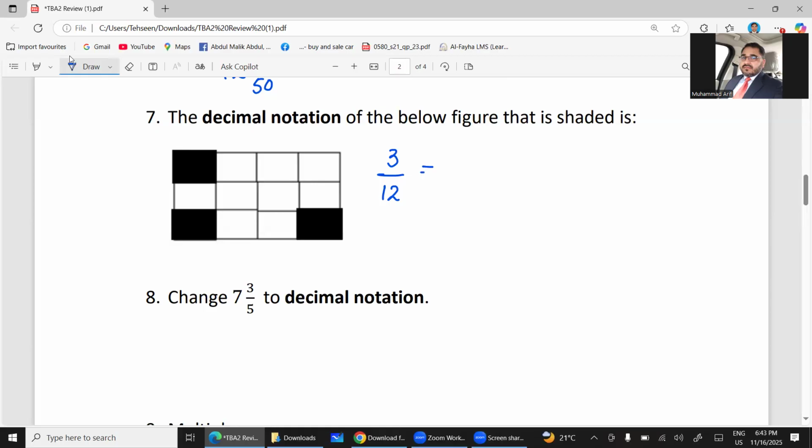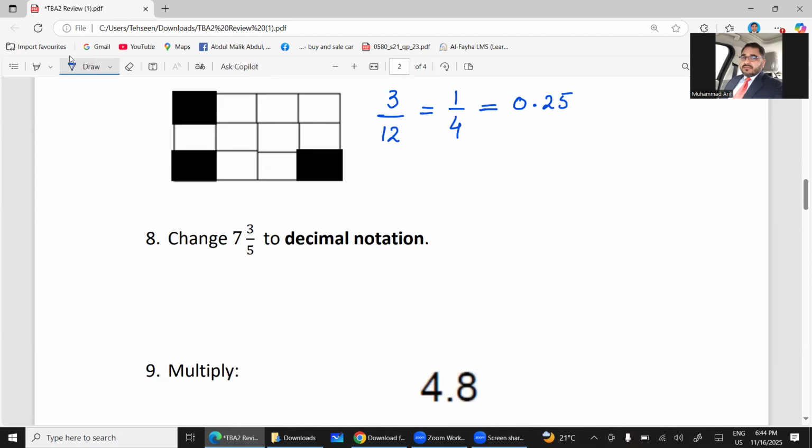If we simplify, we can divide each numerator and denominator by 3. 3 divided by 3 is 1, and 12 divided by 3 will be 4. This is 1 divided by 4, in decimal notation it will be 0.25, like this.